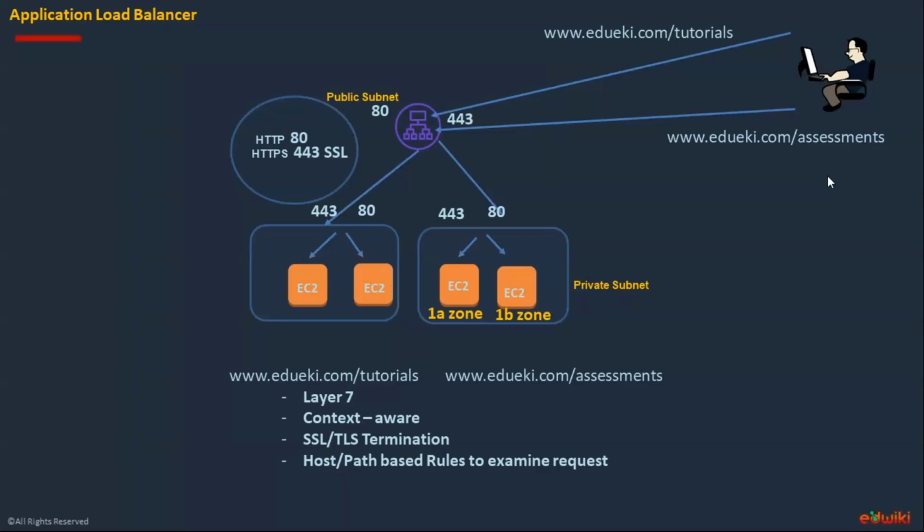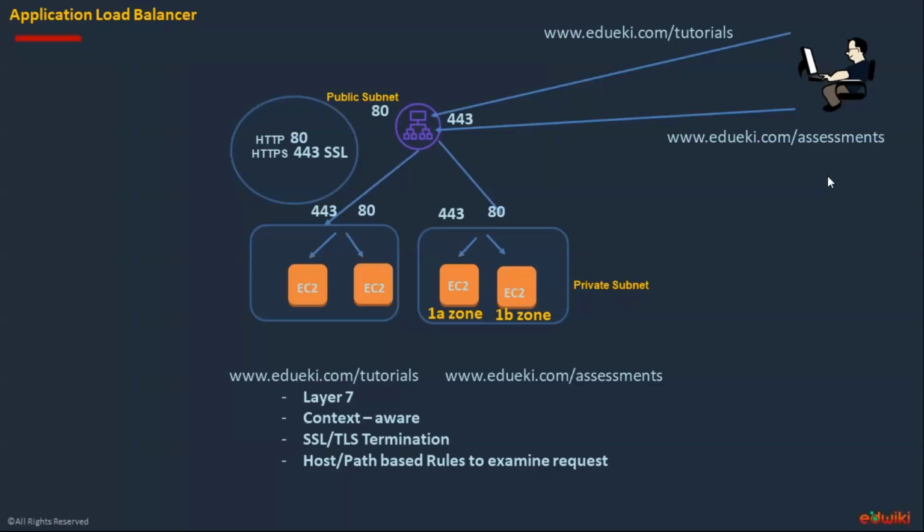The load balancer, especially the application load balancer that I'm discussing here, is responsible for listening on port number 80 and port number 443 for your HTTP requests and routing the traffic to the backend. Your load balancer will not listen on any other port number. The application load balancer is designed specially for HTTP related traffic only.